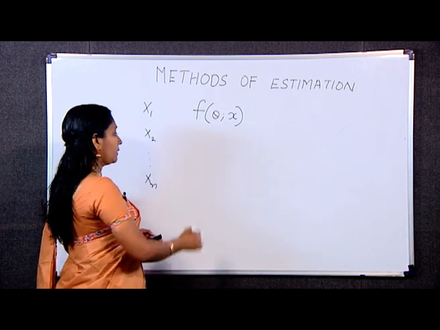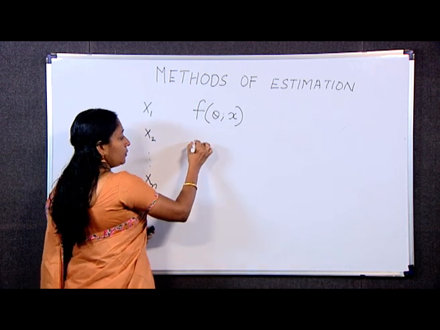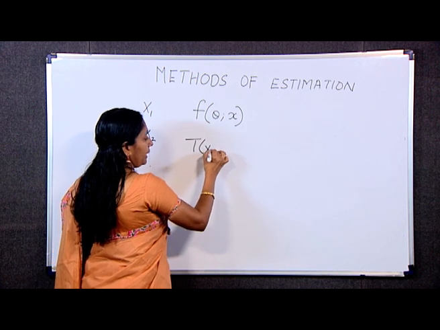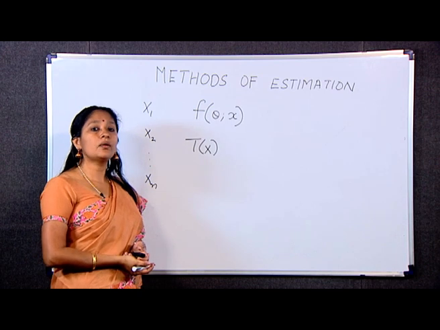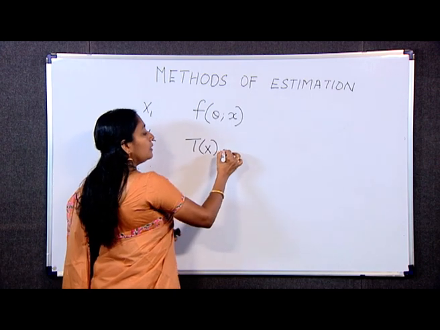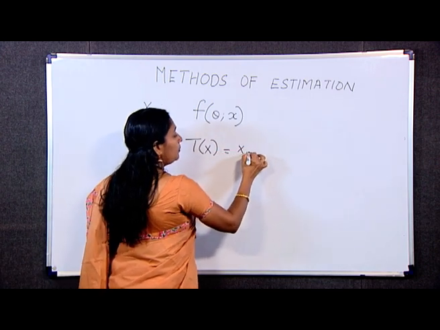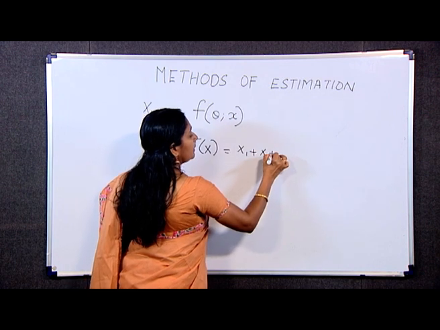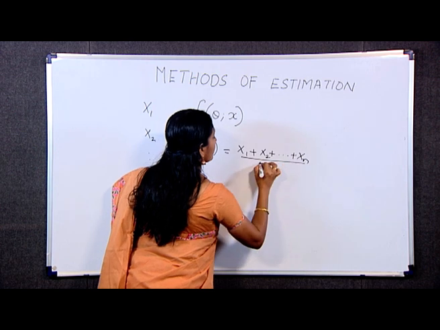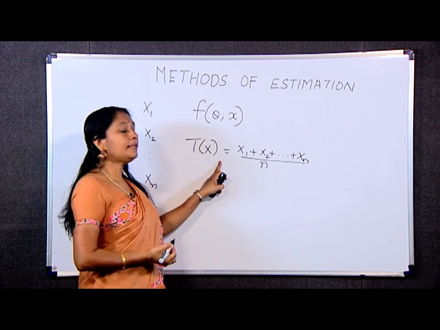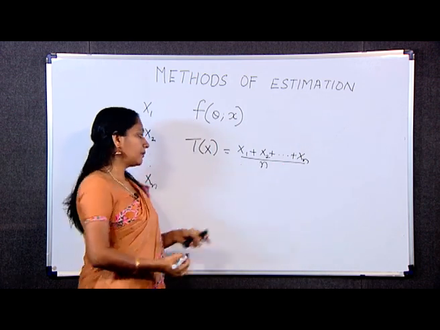This means if we use capital T of x as a statistic, meaning a function of the sample values, like x1 plus x2 plus etc. plus xn by n, it denotes the sample mean.